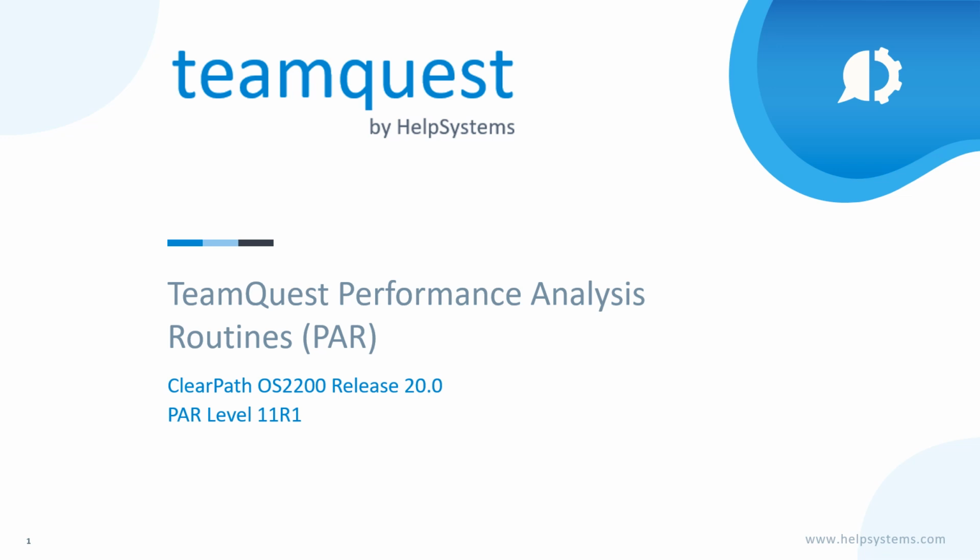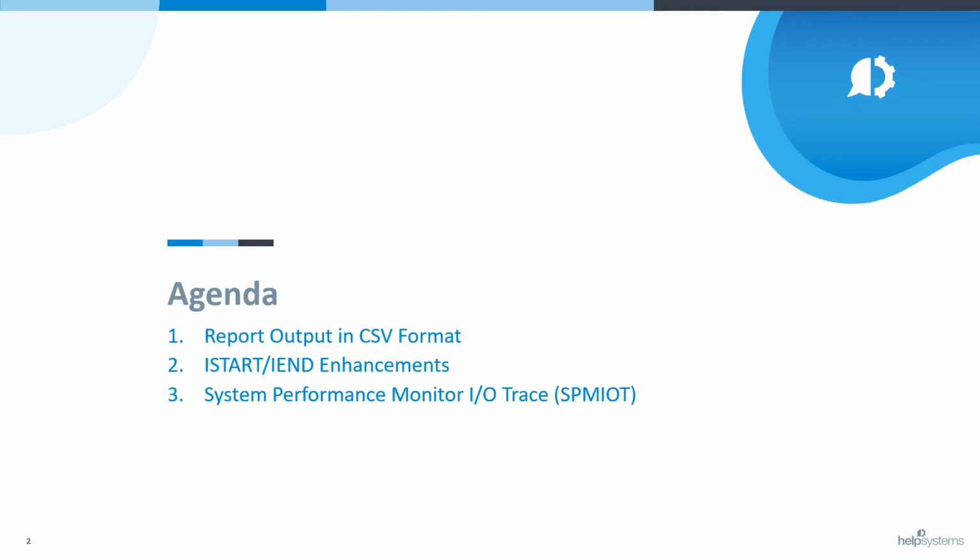This is a presentation of TeamQuest Performance Analysis Routines (PAR) Level 11R1 feature updates in Unisys ClearPath OS 2200 Release 20.0. In this presentation, we are going to learn how to generate PAR reports in CSV, comma separated value format and export them to Microsoft Excel.